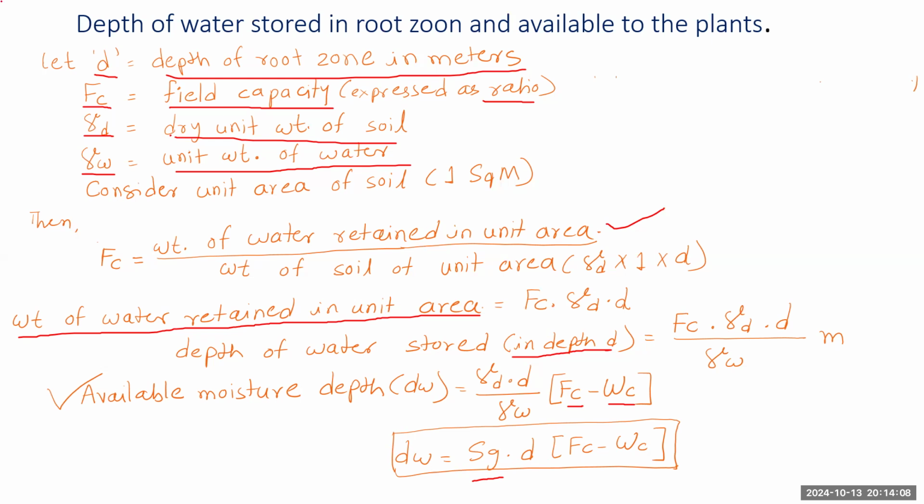This is how we calculate the depth of water stored in the root zone. The notation for depth of water stored is dW, and for depth of root zone it is small d. Using this formula, we can solve problems on calculation of either root zone depth or depth of water stored in a root zone.